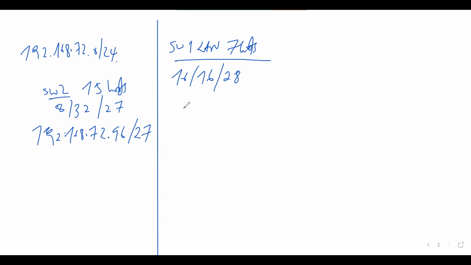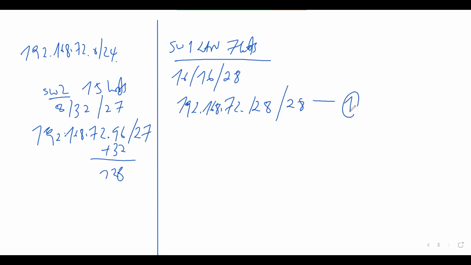So the first subnet here will be 192.168.72 dot plus 32 here, 128. So this will be dot 128 slash 28. That becomes our first network out of the 16, first subnet out of the 16 that we're going to create.